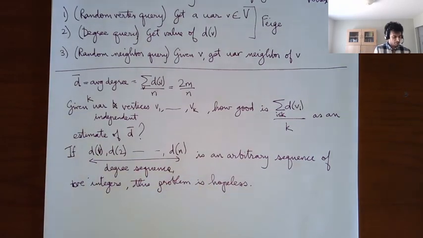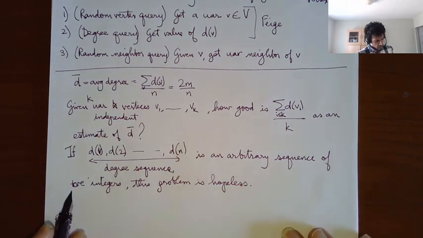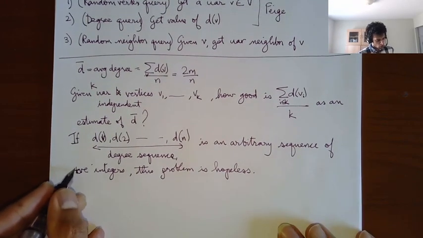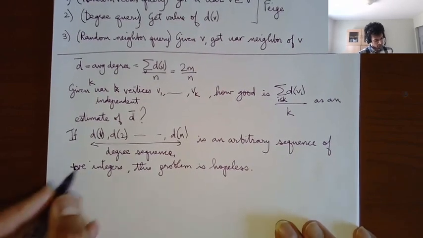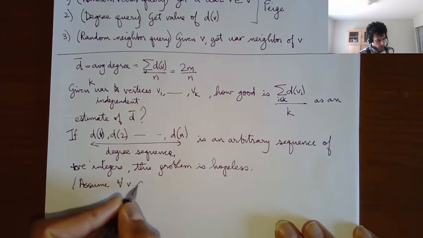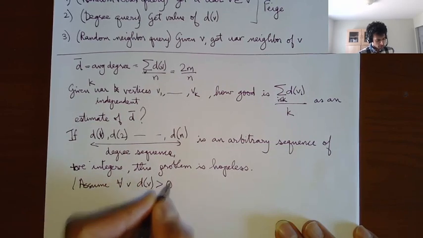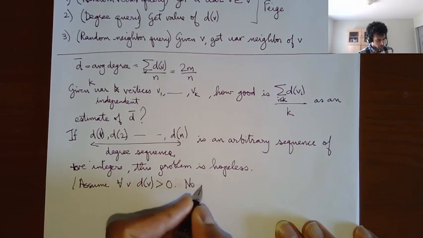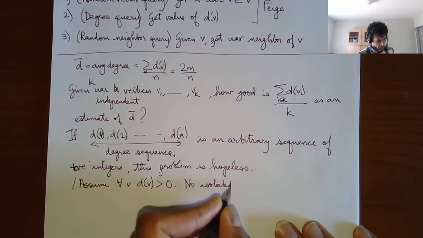And you all know from basic statistics that to get the average of a sequence of numbers, if the numbers are arbitrary, there's really no hope. And moreover, let's assume that for all v, the degree of v is strictly greater than 0. So we're just saying there are no isolated vertices.